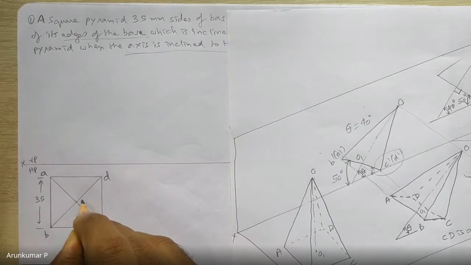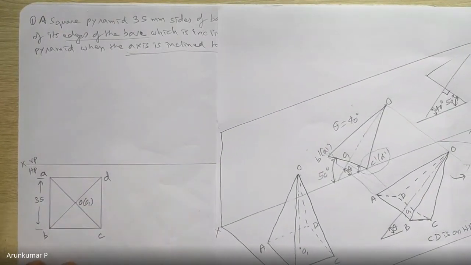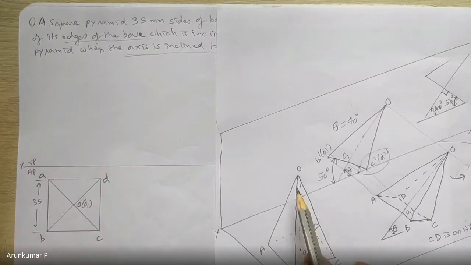So this point here is O into bracket O1. If you view from the top, you will be seeing O first. O1 is directly below O, so that is why O1 is inside the bracket. So this is your first step, top view. The square pyramid resting on HP on its base.